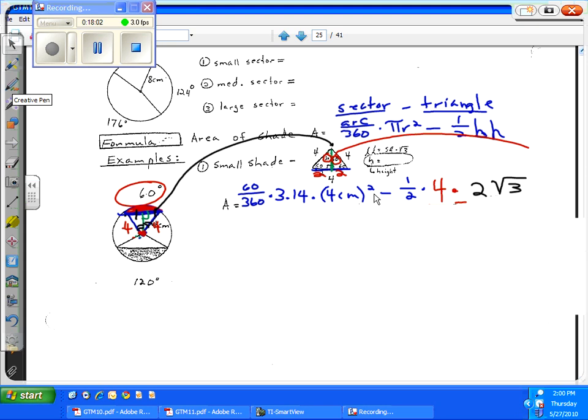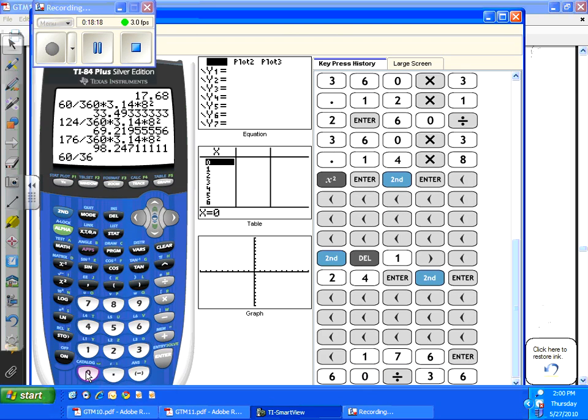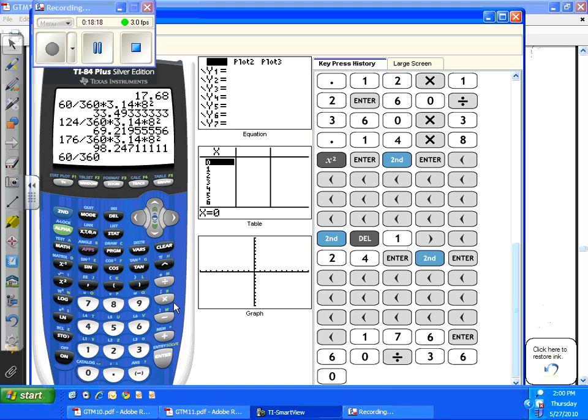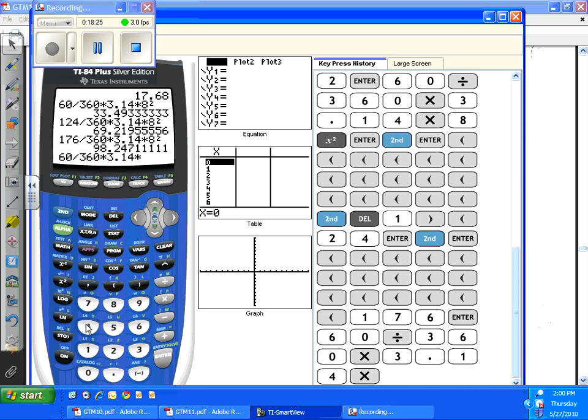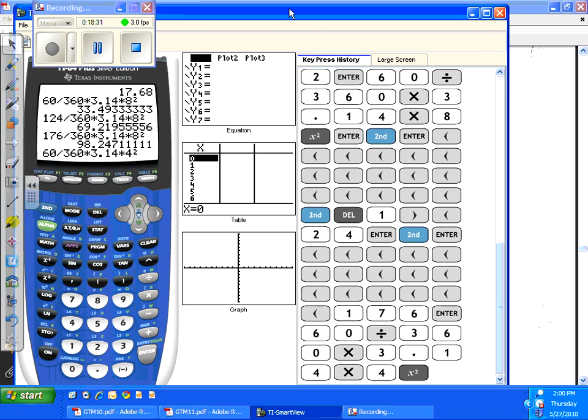Now we're going to do the first part and then the second part, because the second part has the square root of 3 in it. So we're going to do 60 divided by 360 times pi times the radius, which was 4 squared. That gives us the area of the sector.